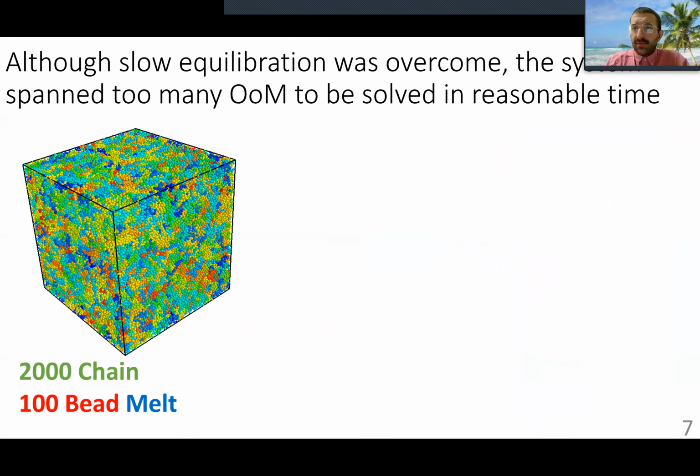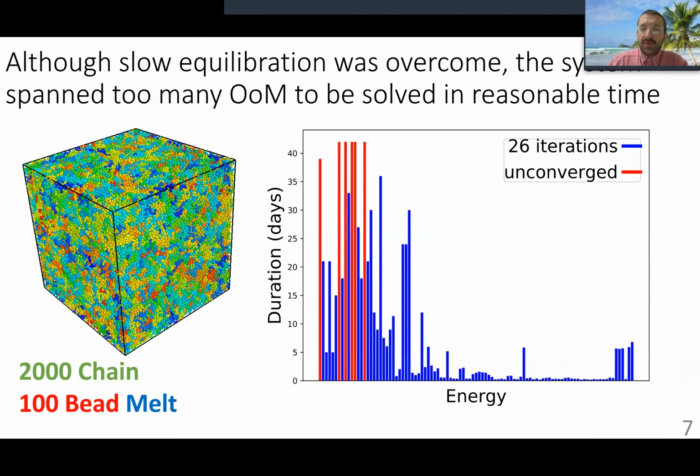So although we were able to bring our autocorrelation times to a low level and effectively simulate our process in reasonable times, when we went to the 2000 chain, 100 bead melt, what we were disappointed to find is that a lot of our simulations took a very long time to converge, especially when it came to the lowest energy states, where even 42 days was not enough to simulate our process, as you can see by the bars that are in red here.